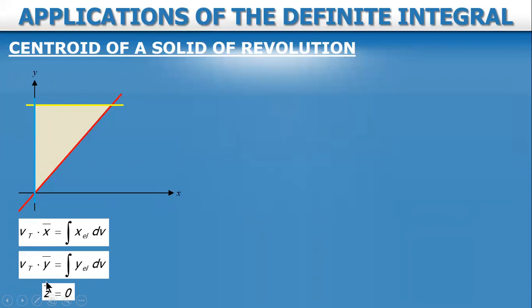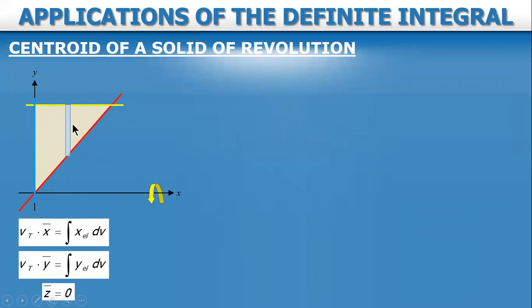Always due to symmetry. Now, if you want to revolve this area about the x-axis, of course, we'll analyze a rectangular strip so that we will know our elementary solid, whether it will be a circular disc, a circular ring, or a cylindrical shell.